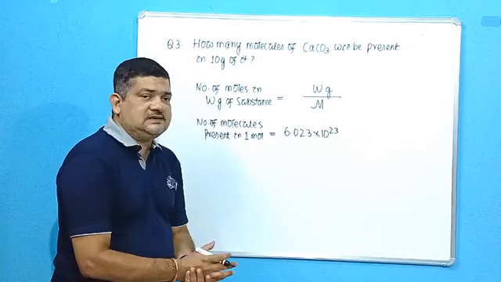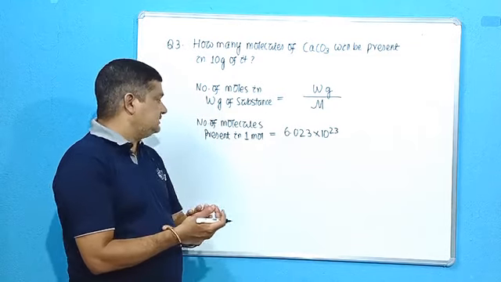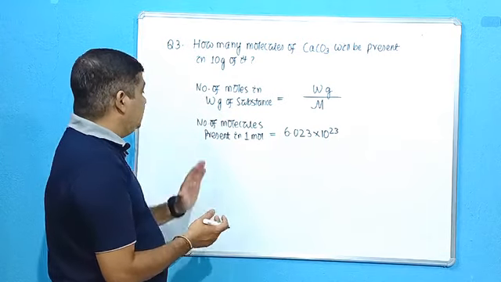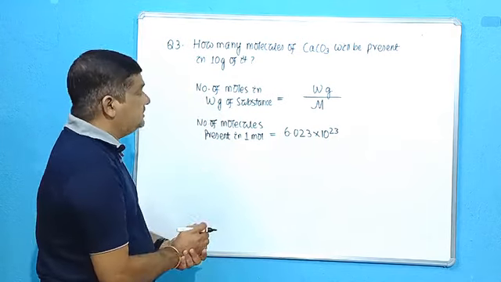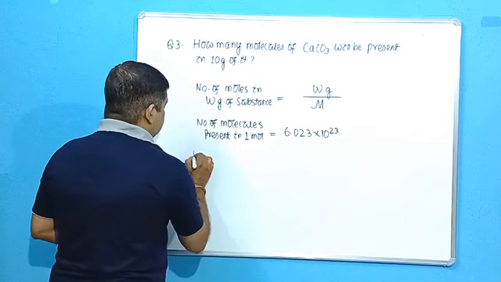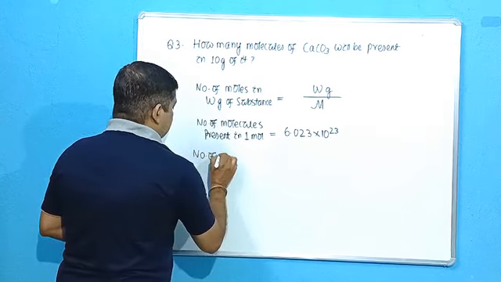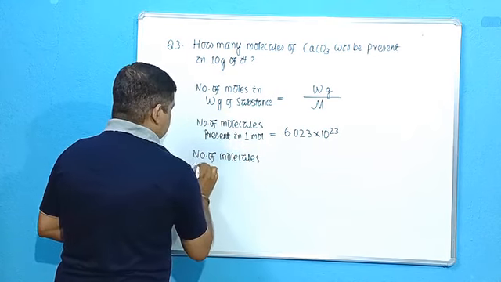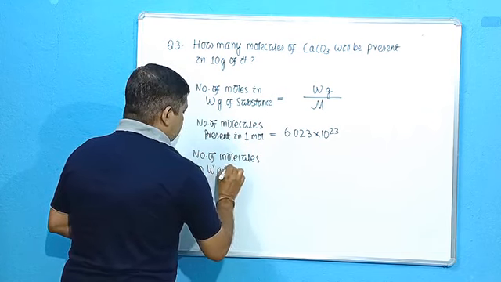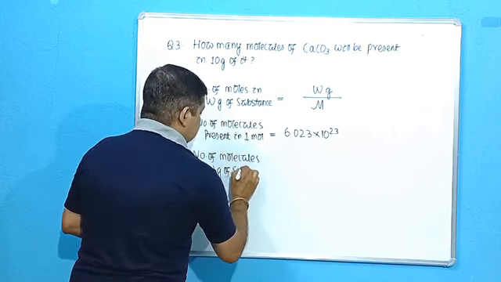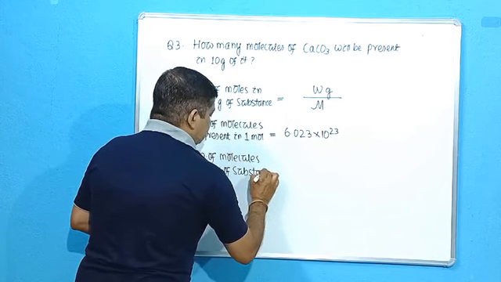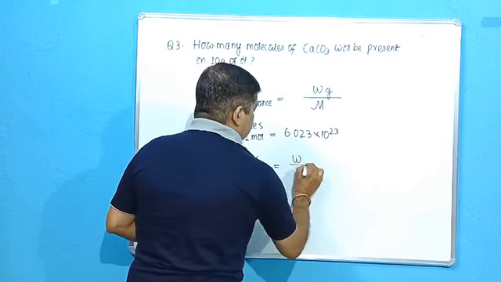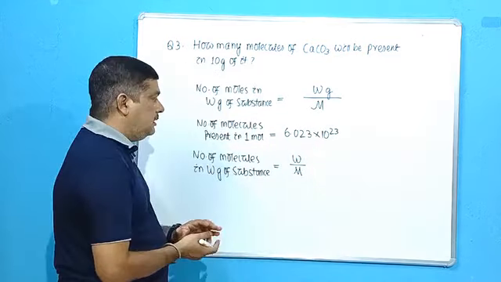So the number of molecules present in 1 mole will be 6.023 into 10 to the power 23. Then the number of molecules in W gram of the substance, where W means the given mass of substance: W by M will give you the number of moles.